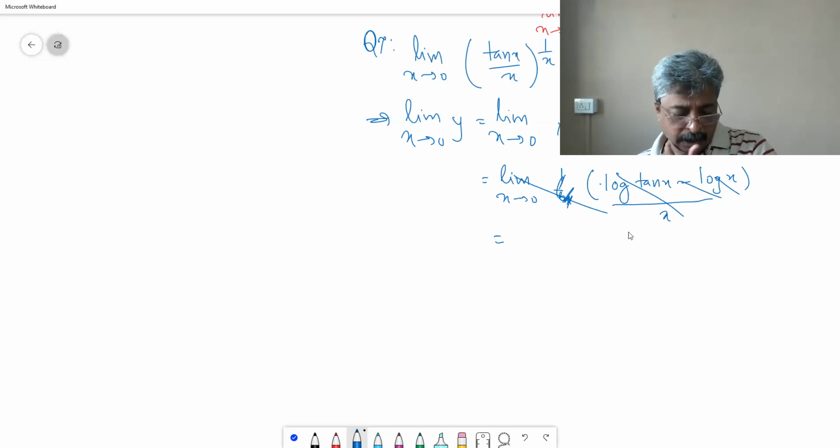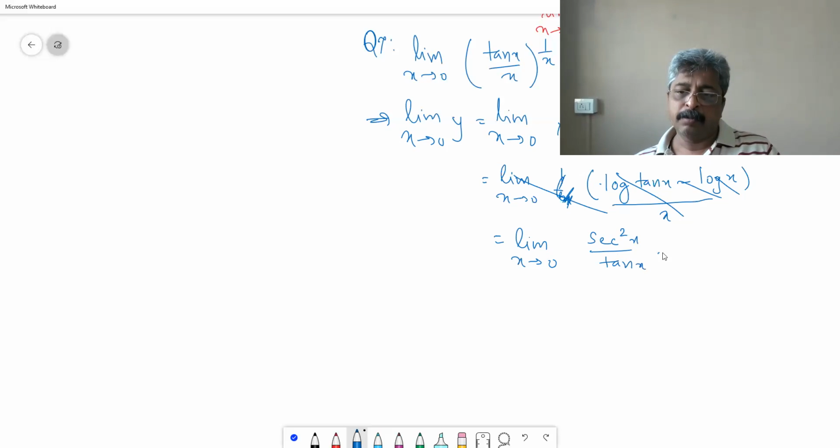But while applying L'Hopital, we can use this property of logarithm, and therefore we will get limit x tends to 0 sec square x upon minus 1 upon x.